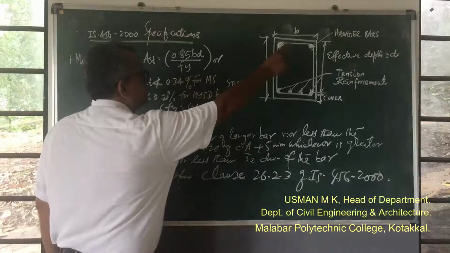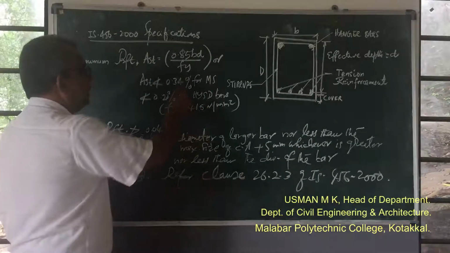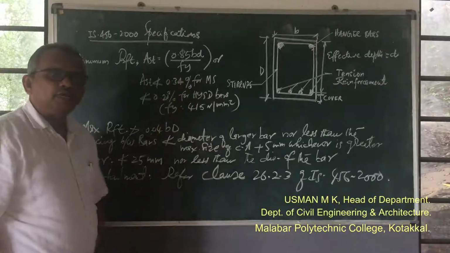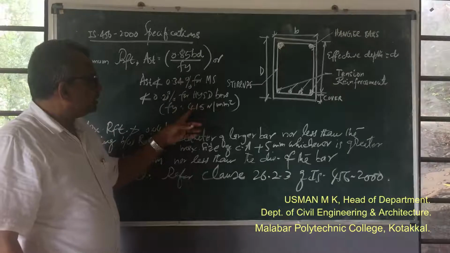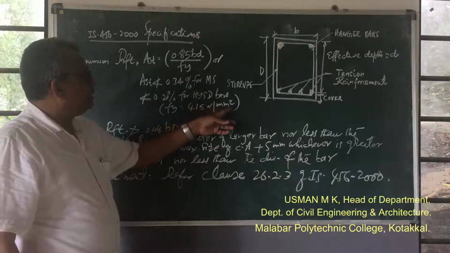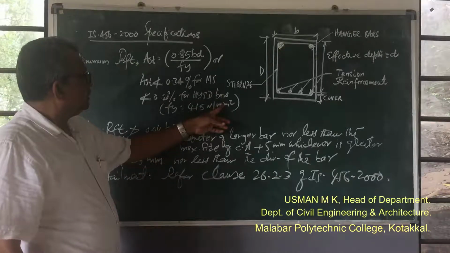What is b? Breadth of the beam, and d is the effective depth of the beam, divided by fy. What is fy? Fy is the yield strength of the reinforcement, that is 415 Newton per mm square, right?